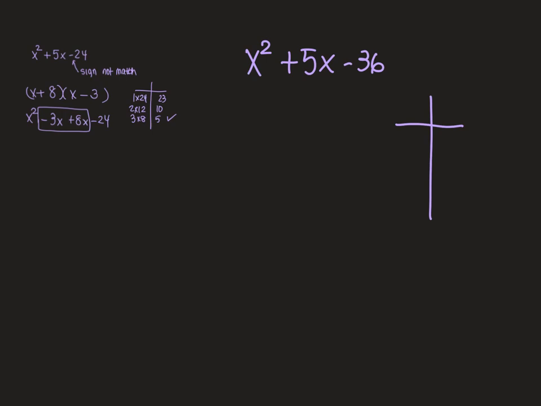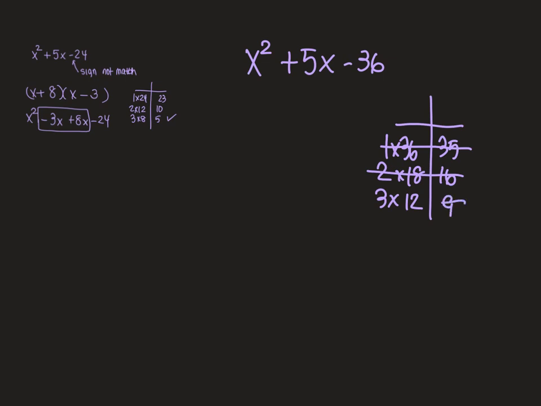All right, let's look at this one. x squared plus 5x minus 36. Signs won't match. We're going to subtract. The bigger one will be positive. 1 times 36 makes 35. Doesn't work. 2 times 18 makes 16. Subtract doesn't work. 3 times 12 is 9.